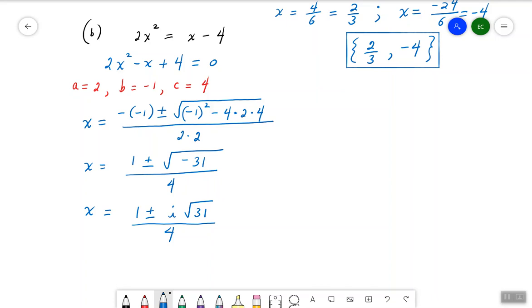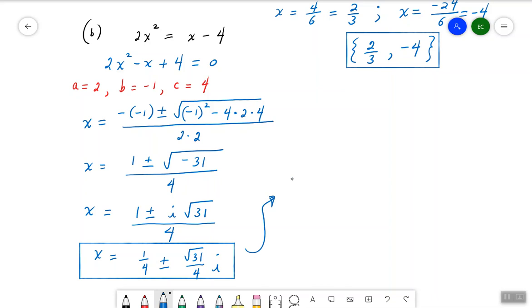And then, what would be nice would be to go ahead and write the solution in the form a plus bi. So what's the value of a in this problem? The value of a is 1/4. And then the value of b is positive or negative root 31 over 4. And then there's an i at the end. So here are our two solutions.